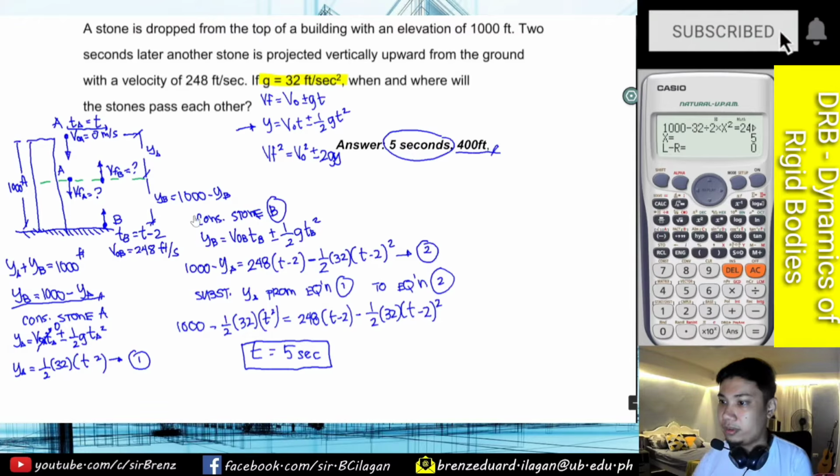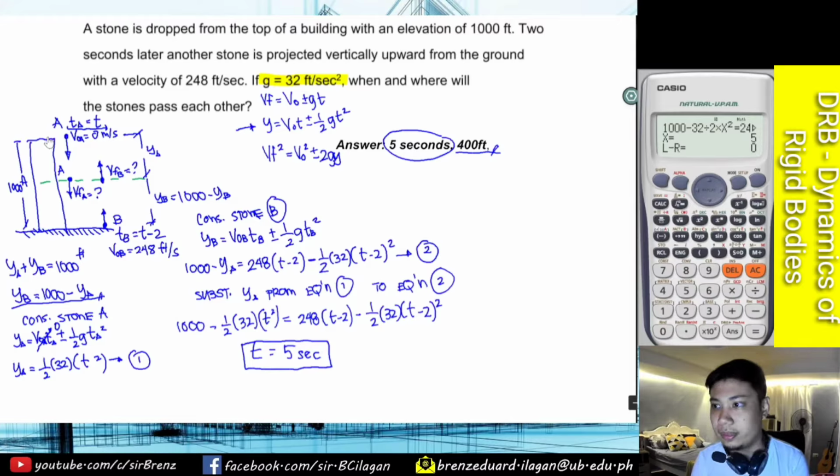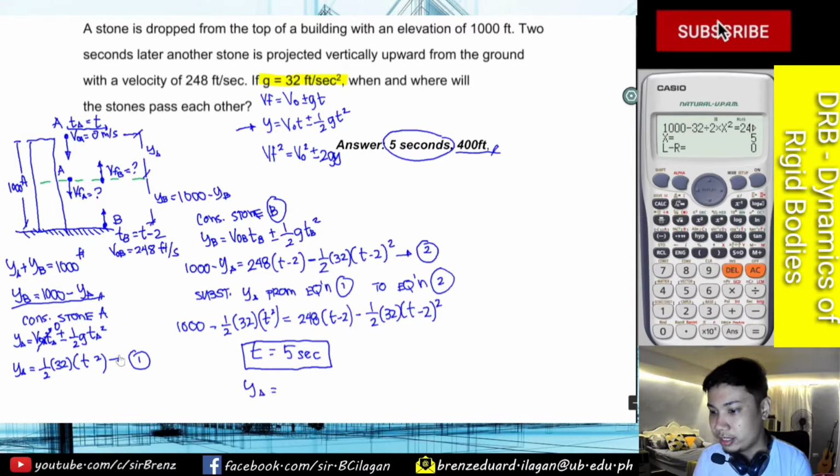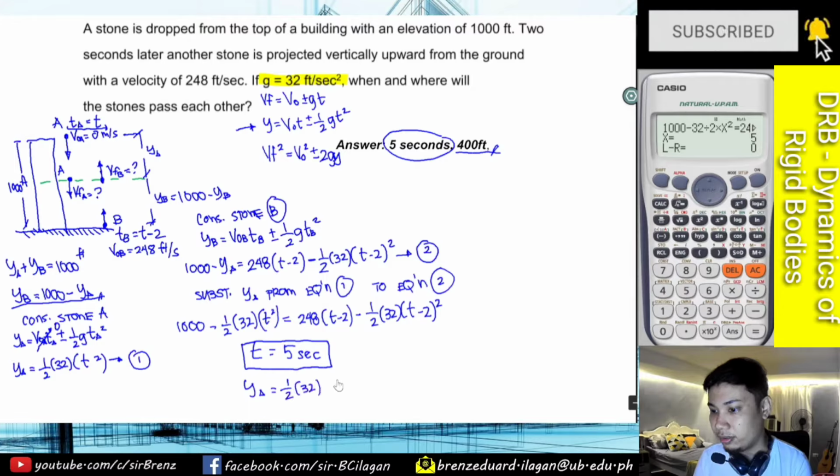So para mahanap yung location na yun, siguro, para mas maikli lang din, ang hanapin natin is yung YA niya. O yung distance coming from the top of the building. So to solve for YA, substitute na lang yung nakuha nating time. So 1/2 of 32 and then t squared. So that will be 5 squared.